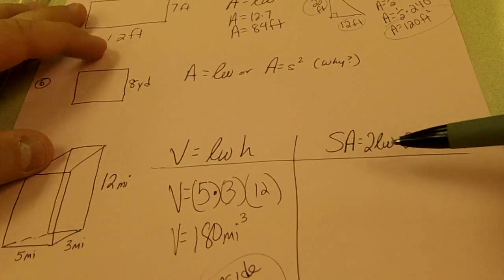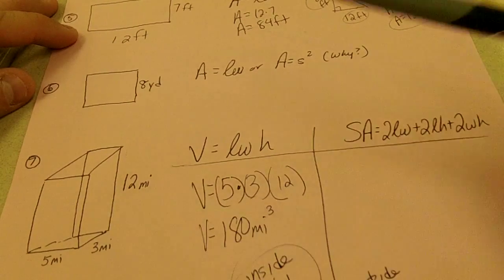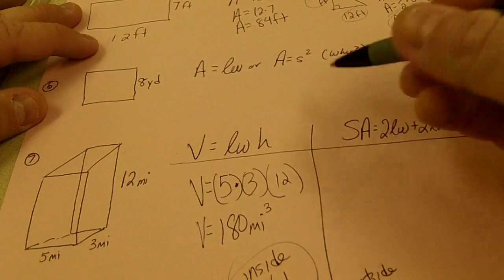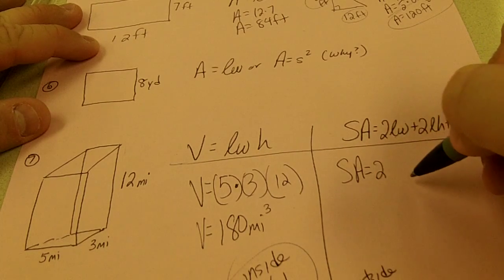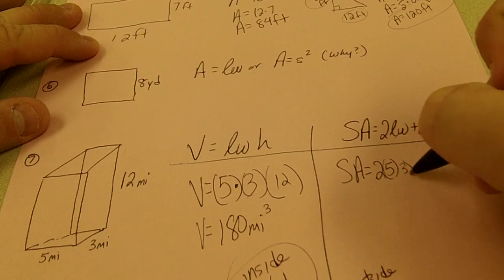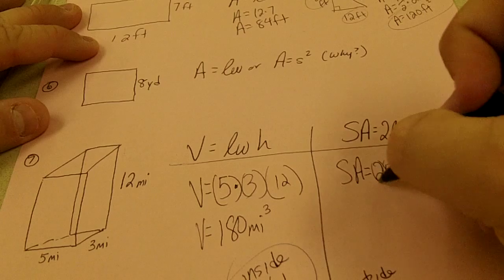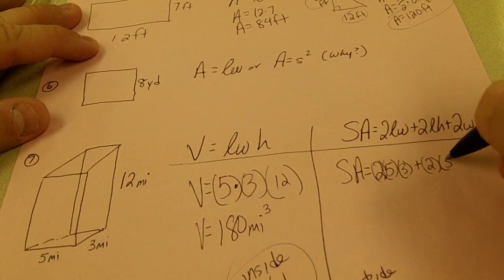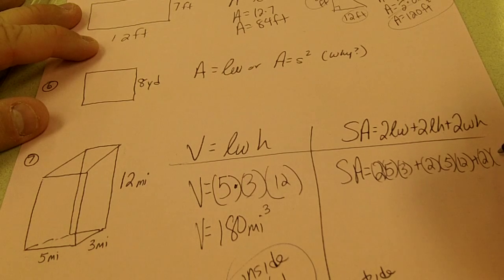So we have some variables here. We have L's and W's and H's, all the same values that are in our example. So I'm simply going to plug in, and it's going to look like this. It looks a little bit busy, so I'm going to write it quickly here. Let's see, 2 times 5 times 3 plus 2 times, put parentheses around this, 2 times 5 times 12 plus 2 times 3 times 12.